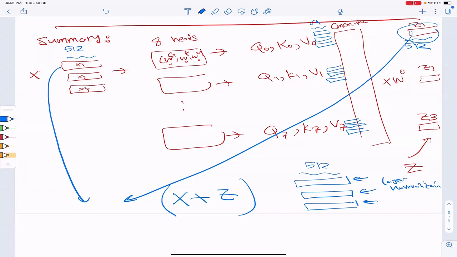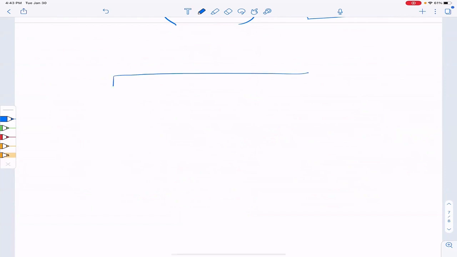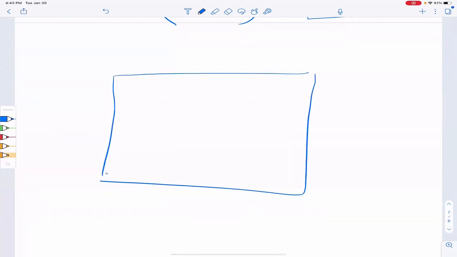Believe it or not, that's the encoder side. So if you look at it from a little bit higher level, we have self-attention.